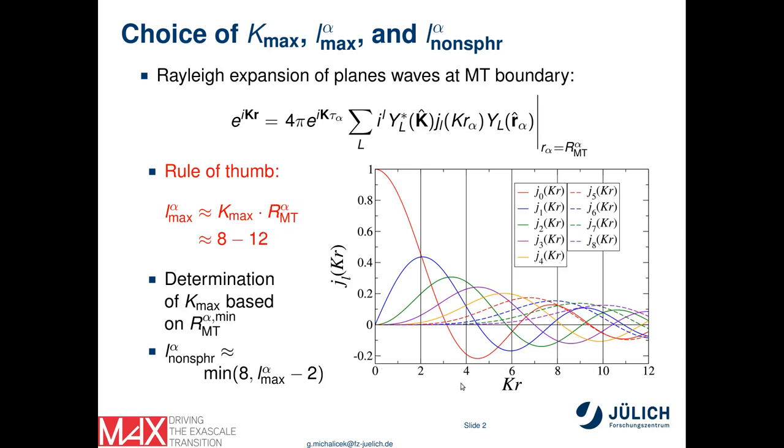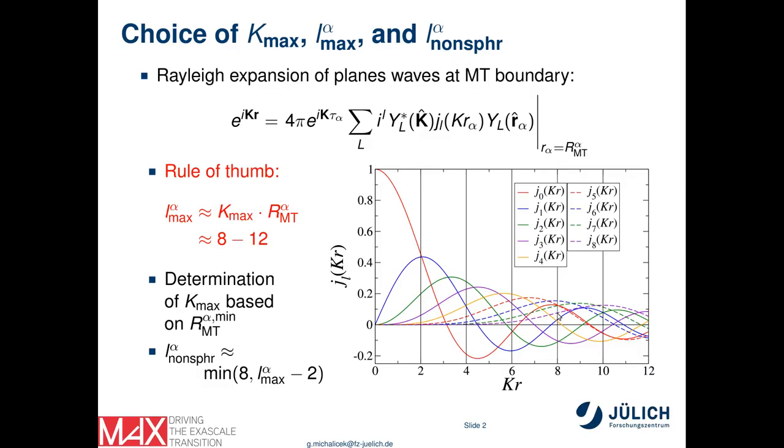Now let us have a look at how this looks in this panel. If we assume that we have a muffin-tin radius of 2 and a Kmax of 4, then we have to choose an Lmax of 8. So essentially we are at this point here. This purple line is the L equals 8 component of the spherical Bessel function, and you see that it is about at half of the maximum.